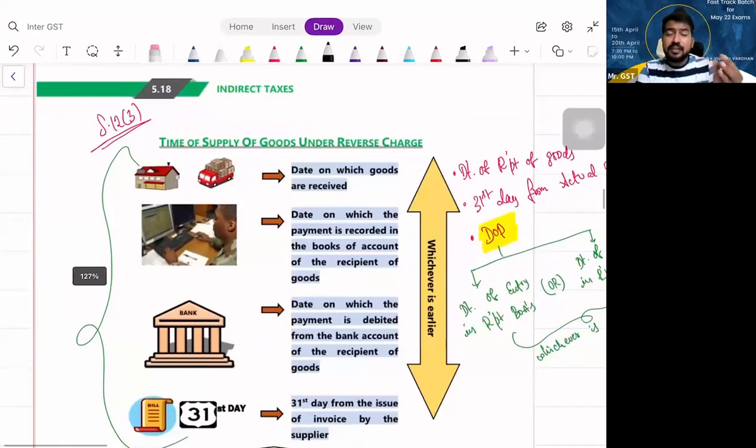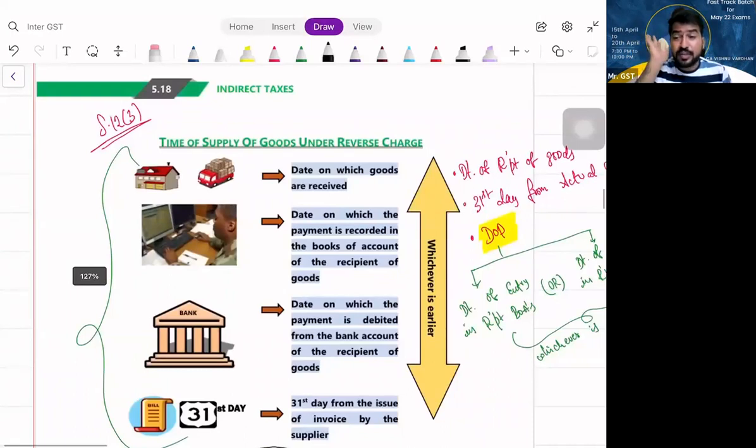So I will see when recipient has received the goods, date of receipt of goods by the recipient. Next, number 2, I will compute the first day after the expiry of 30 days from the date of invoice. In simple terms, 31st day from the date of invoice.